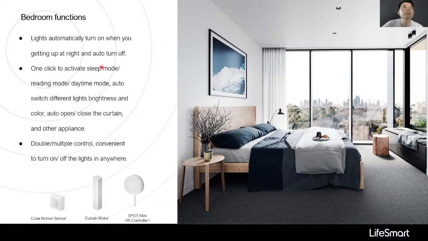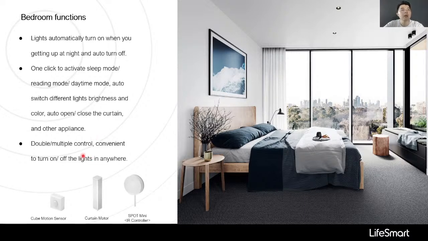And the bedroom. For the bedroom, the lights automatically turn on when you're getting up at night and then auto turn off. One click to activate sleep mode, reading mode, daytime mode. Auto switch different lights brightness and color. Auto open and close the curtain and other appliances.